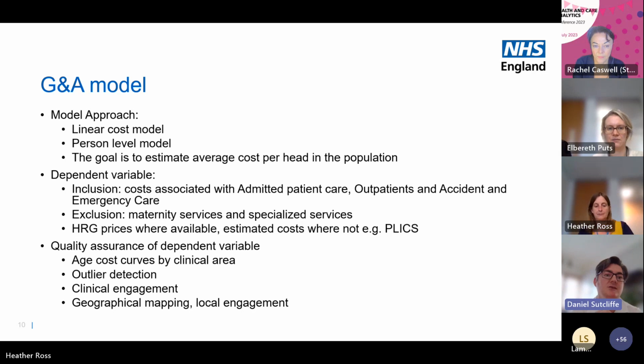So we interpret the coefficients as pounds and pence because that's what the dependent variable is. The dependent variable is the cost of healthcare that we're using in general and acute. And being able to interpret the coefficients in pounds and pence really helps to communicate how the model is working, the impact of important variables such as ethnicity, age, and sex on the dependent variable.